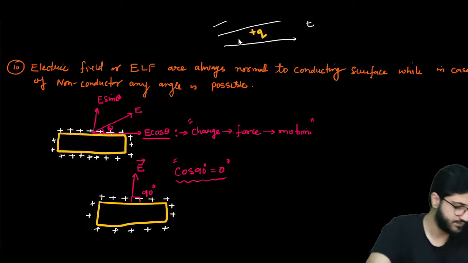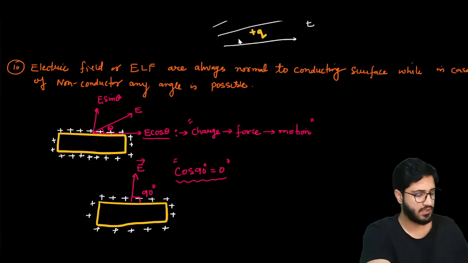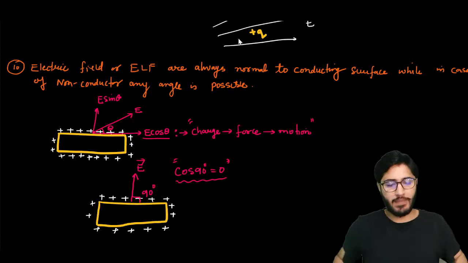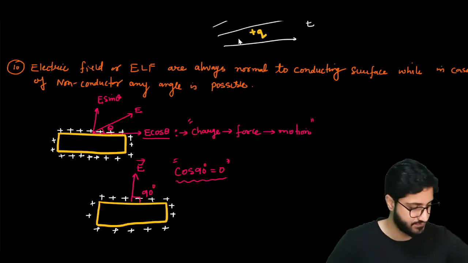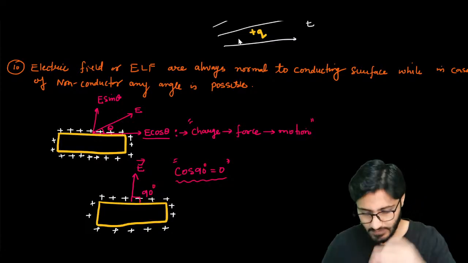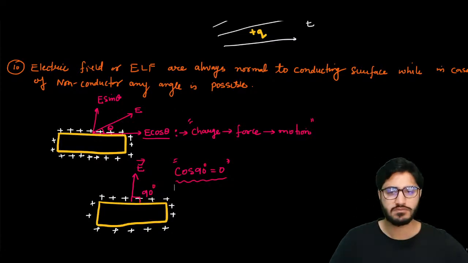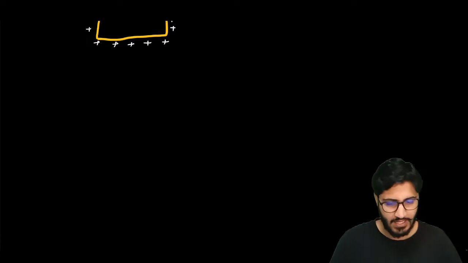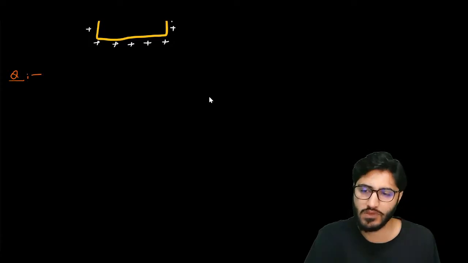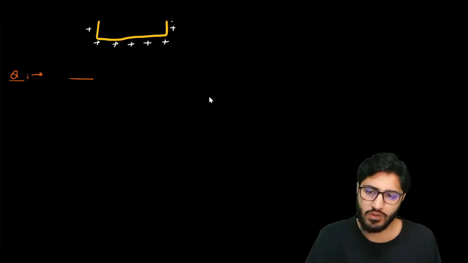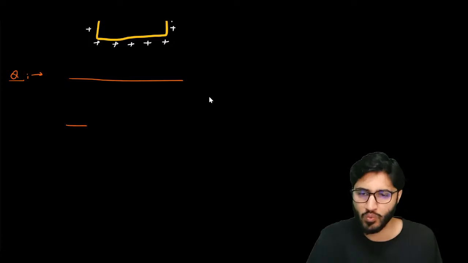It is easy now. Now let us do one numerical from your NEET and from IIT. Very good numerical. Look now. If we have two plates, one plate, one more plate.